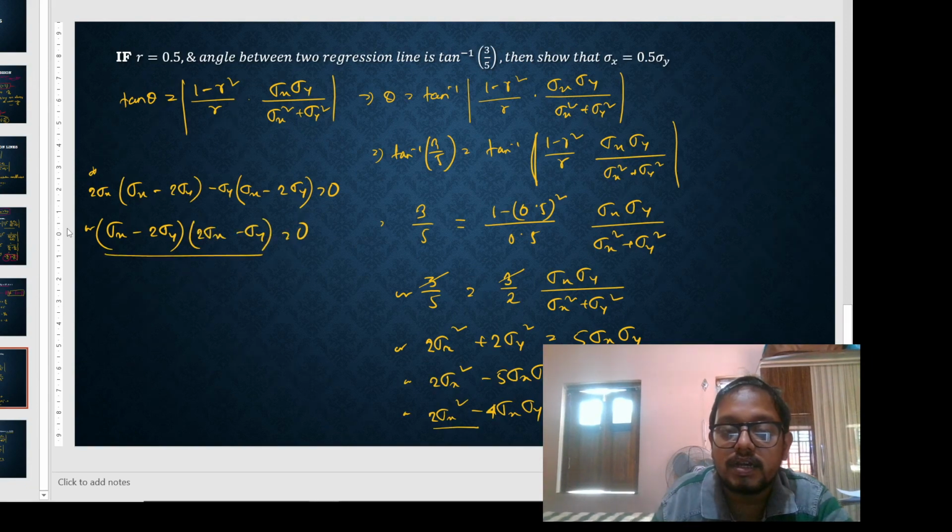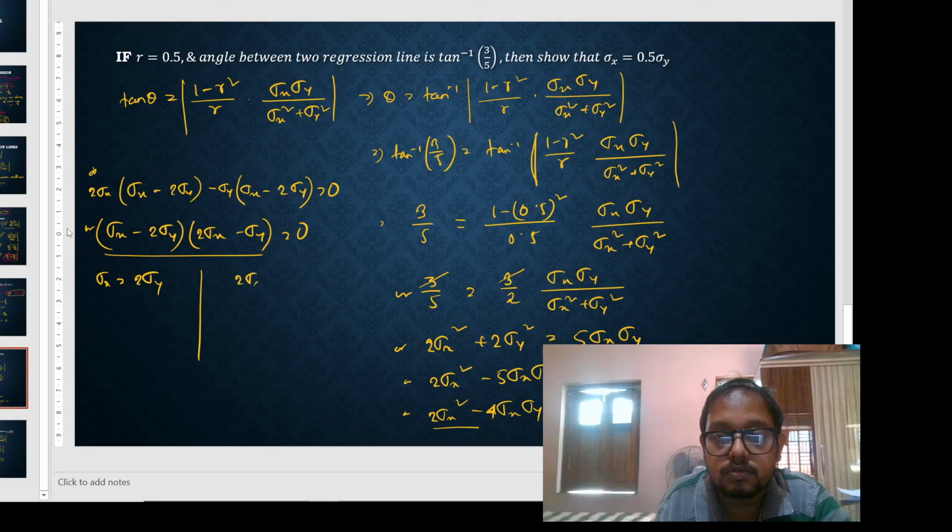So from here we will get two results, that either sigma x is equal to 2 sigma y or 2 sigma x is equal to sigma y, and here we have to show this one, so we can say that this one is not equal to 0, so then we just take this result and then we can write sigma x is equal to half sigma y, this is 0.5 sigma y.